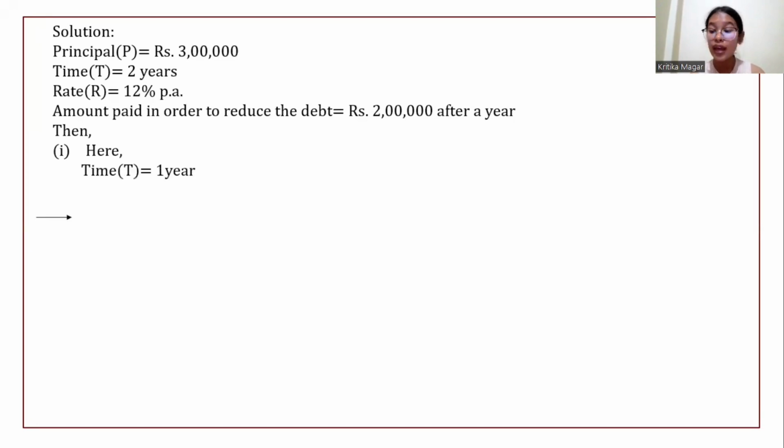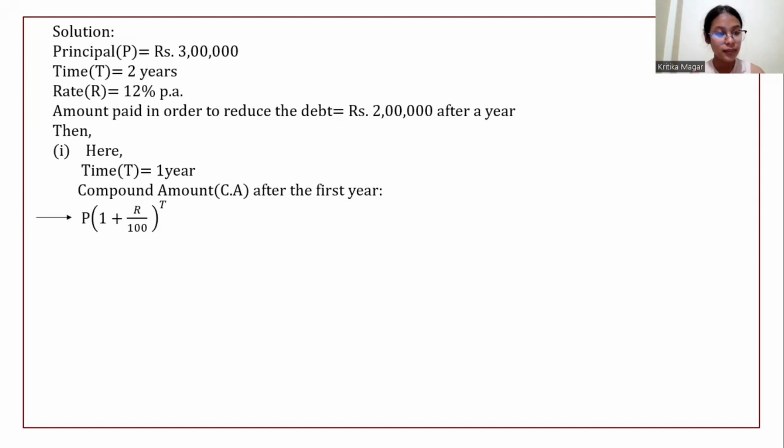First of all, we have to find her compound amount of the first year. So for the first year, the time T is 1 year. To find the compound amount, we use the formula: P times (1 plus R divided by 100) whole to the power T, in which P is 3 lakh, rate is 12, and the time is 1.